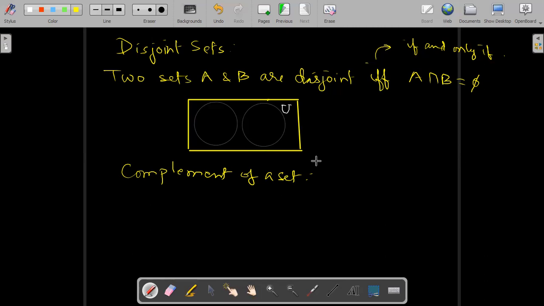So if U is a universal set and A is any set, then the universal set is required. So let U be a universal set and A be any set which is a subset of this universal set.